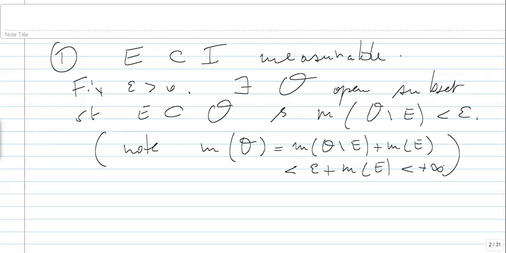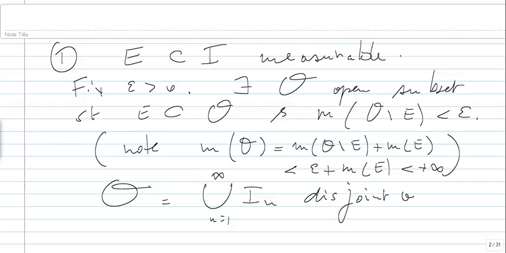So the measure of the open set is finite. In any case, since O is an open subset of R, O is equal to the union, from 1 to infinity, of disjoint open intervals. This is a beautiful result: any open subset of R is a countable union of disjoint open intervals.